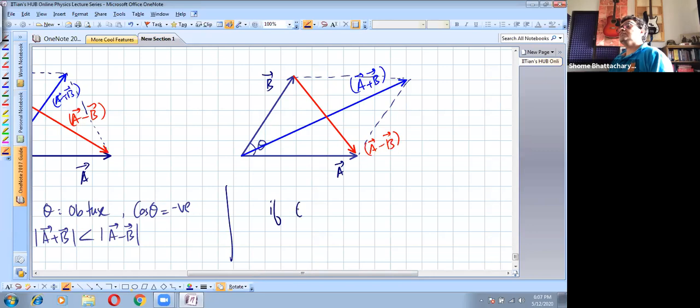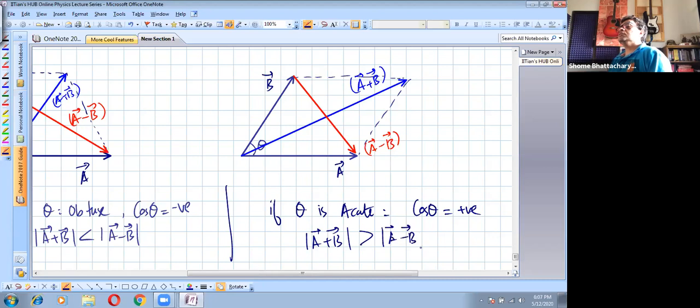So if theta is acute, cos theta is positive. So mod A plus B actually becomes larger than mod of A minus B.